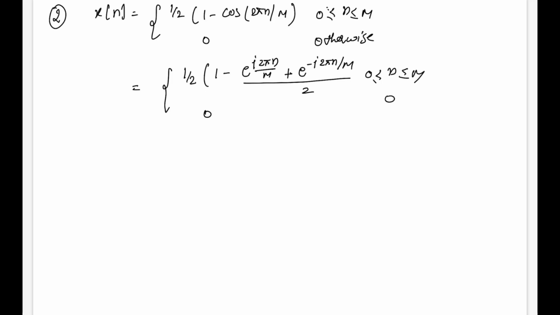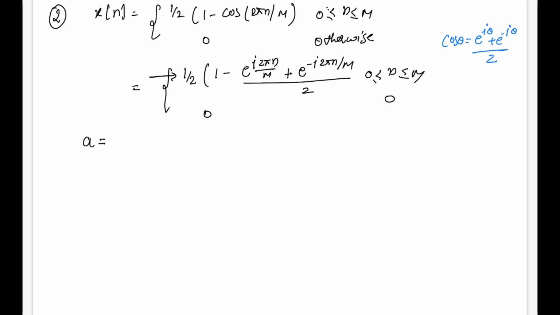Fine. So here we have used the property that cos of theta is equal to (e to the j theta plus e to the minus j theta) by 2.